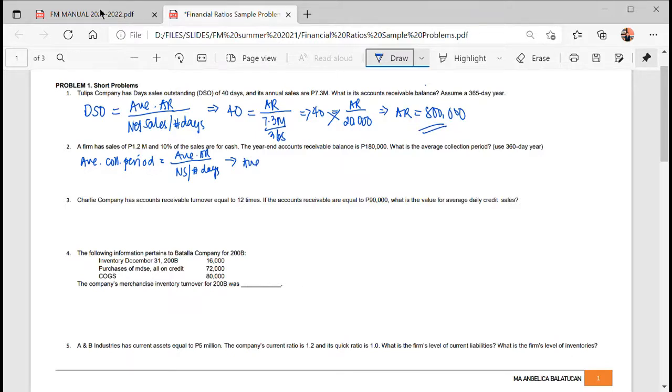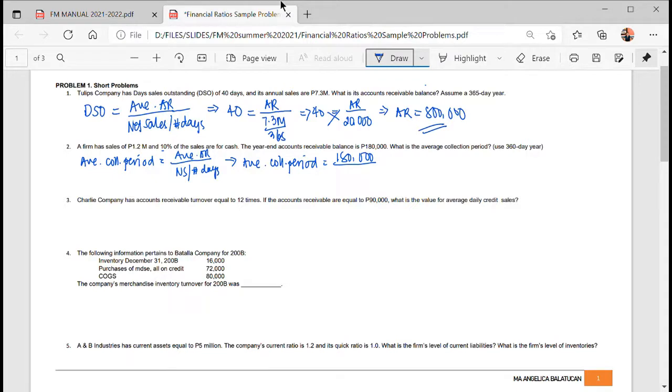Average collection period equals average AR. Although the beginning balance is not given, usually we average this one, so we can use the ending balance, that's 180,000, divided by our net sales. Take note that out of the 1,200,000, 10% is for cash.